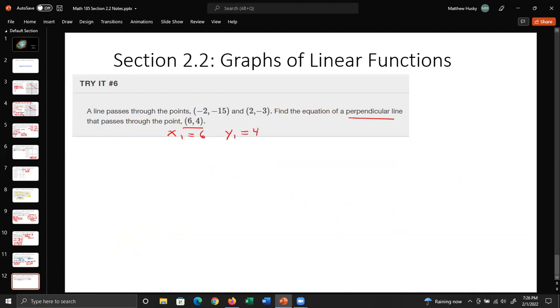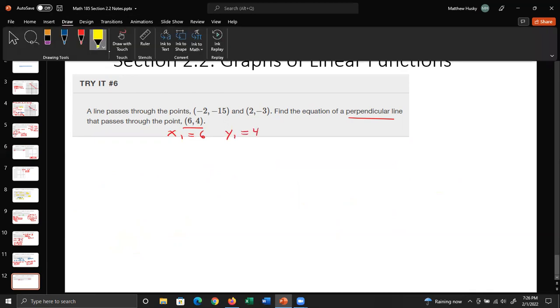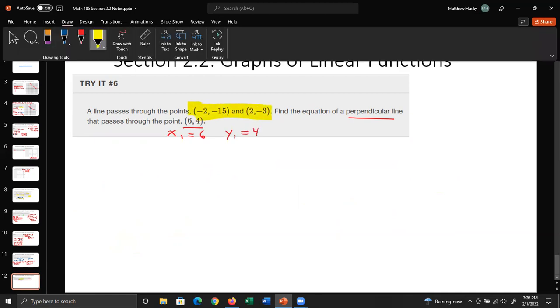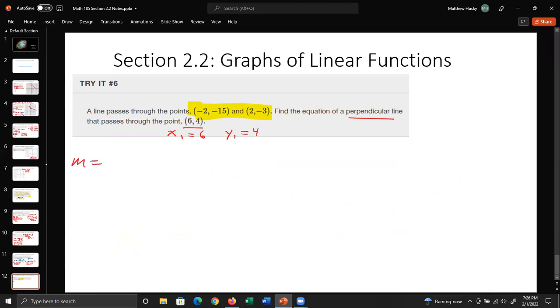What I need to do is find the slope of those two points that I have originally. So for the slope, we're going to do -3 minus -15, this is M1 incidentally, over 2 minus -2.